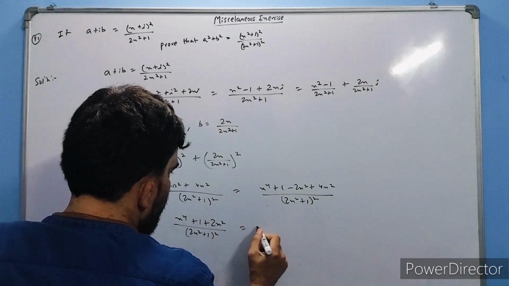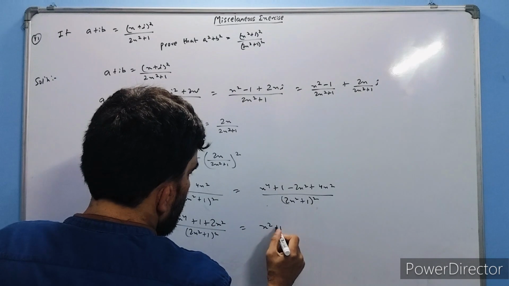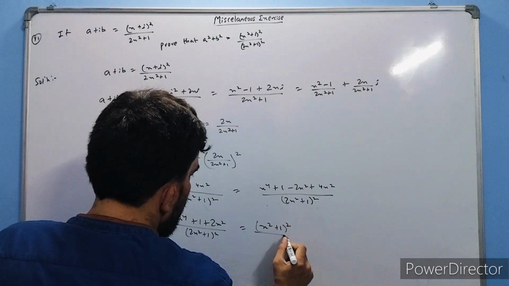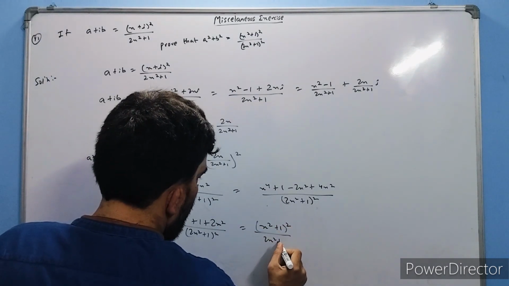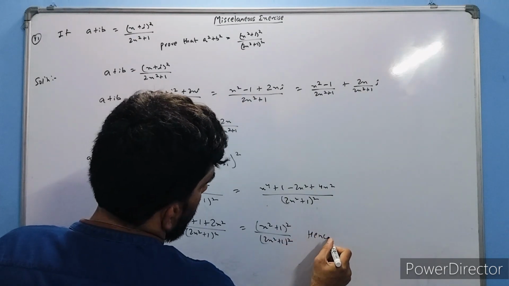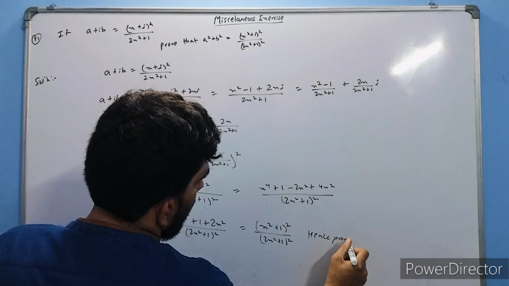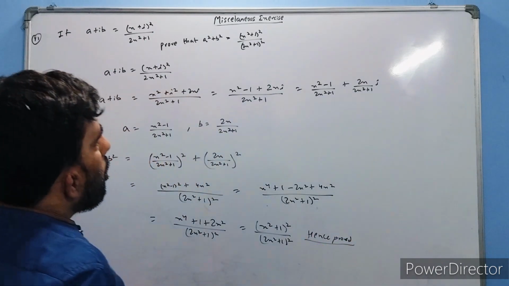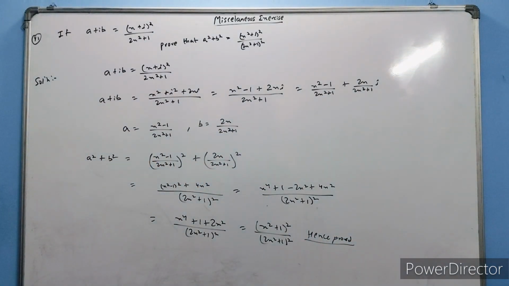So I can write here (x square plus 1) whole square upon (2x square plus 1) whole square. Hence proved. Okay, so that is how we prove the question.